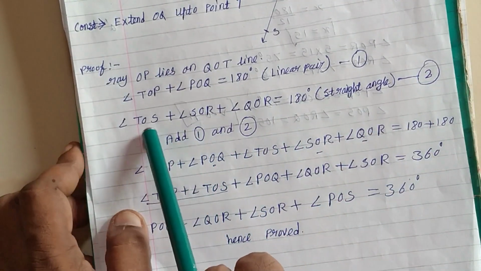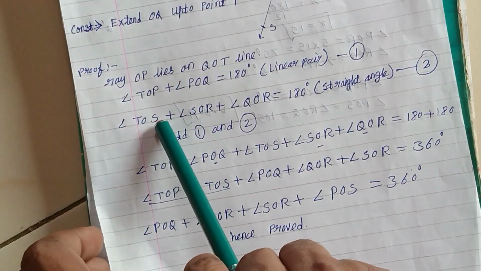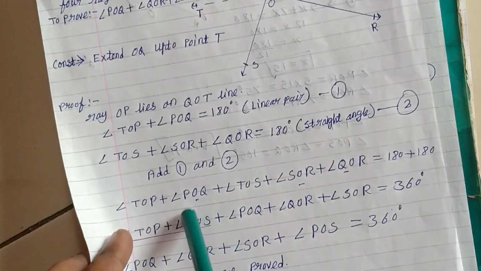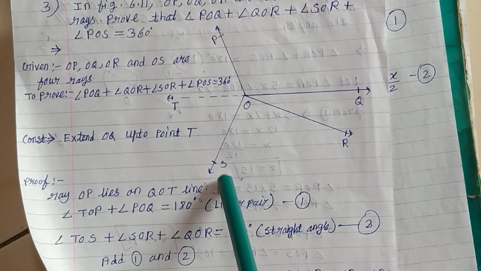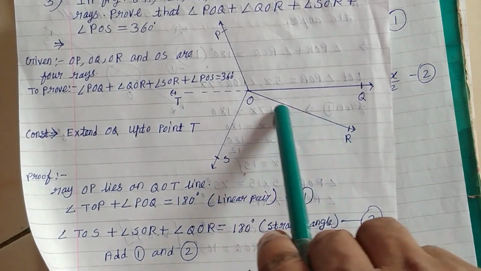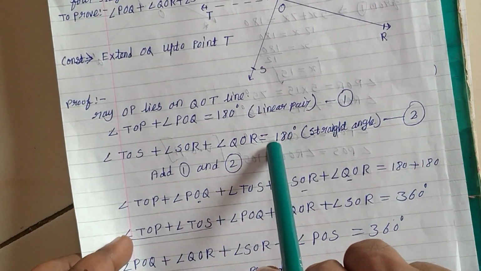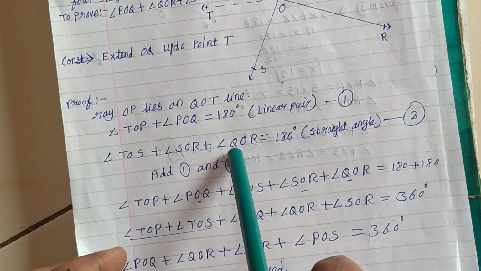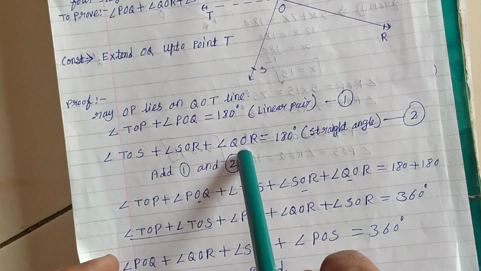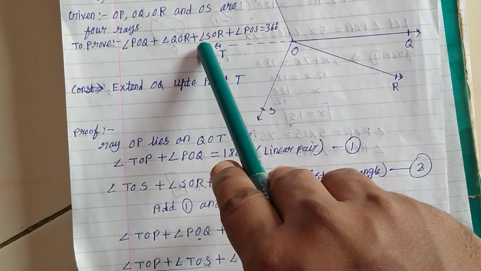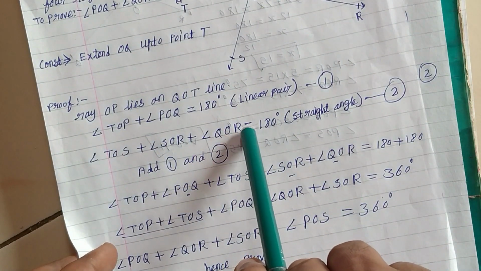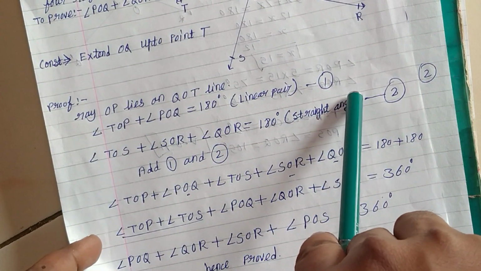So again I have written angle TOS plus angle SOR plus angle ROQ, or QOR, equal to 180 degrees. You can write ROQ, but write the angle which is given in the statement to prove. Here angle QOR is given, so write QOR equal to 180, straight angle.